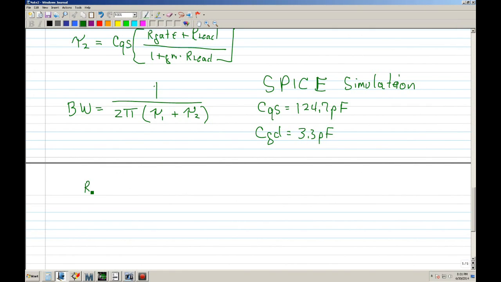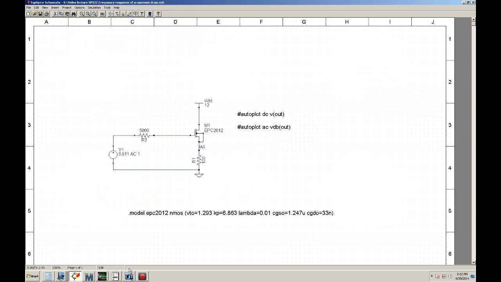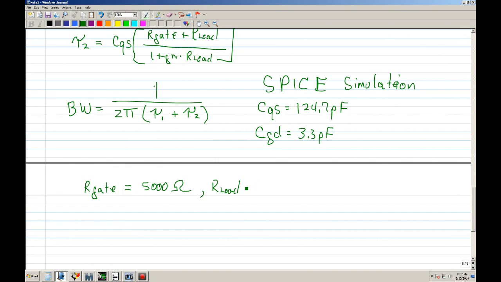So our gate is equal to 5K ohms, and our load, let's see, I forgot, it's 100. Okay, there'll be 100 ohms.